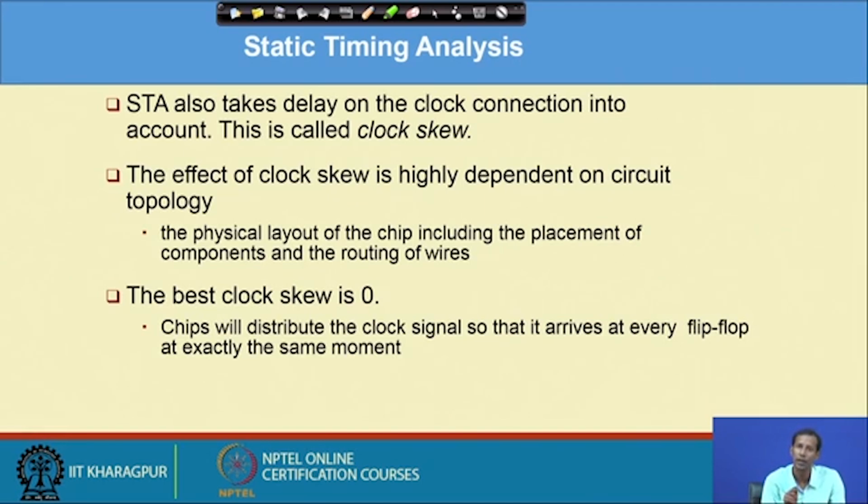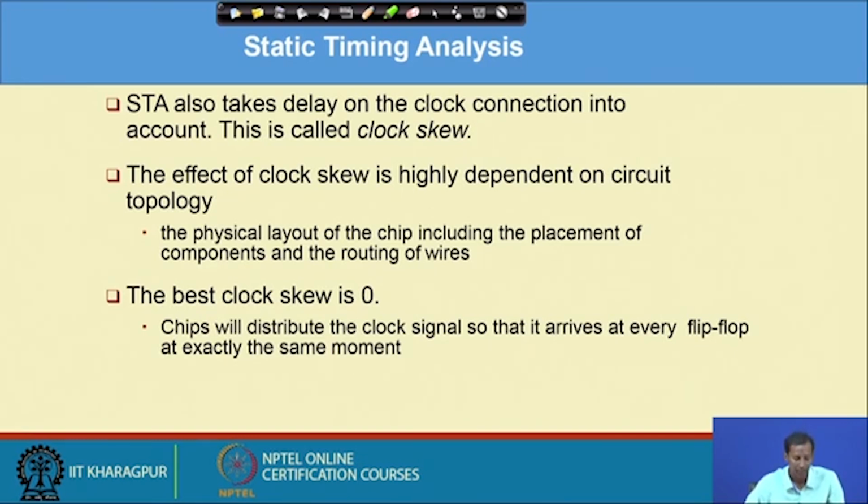From that pin you are supplying, let us say, 100 sequential elements. To reach the farthest sequential element from that particular pin, it will take the maximum net delay for the clock to traverse. So, at that time skew will be high enough for that particular path.